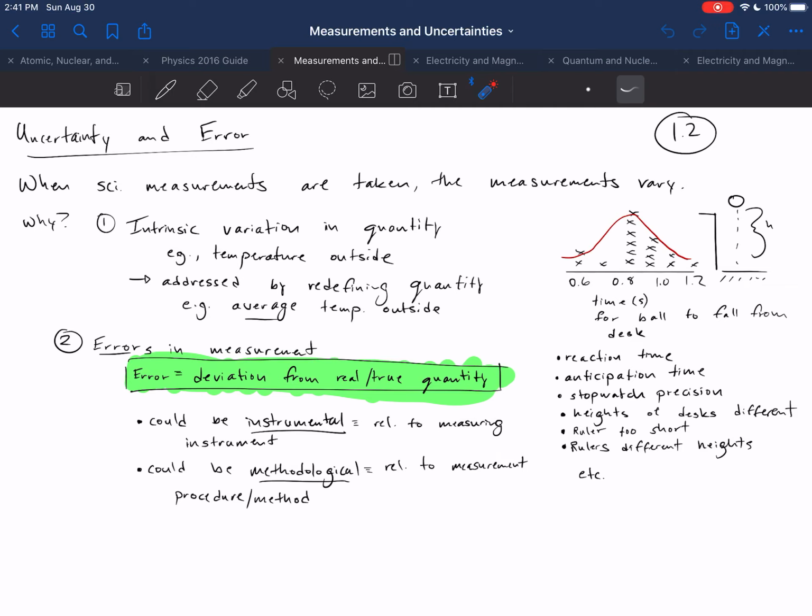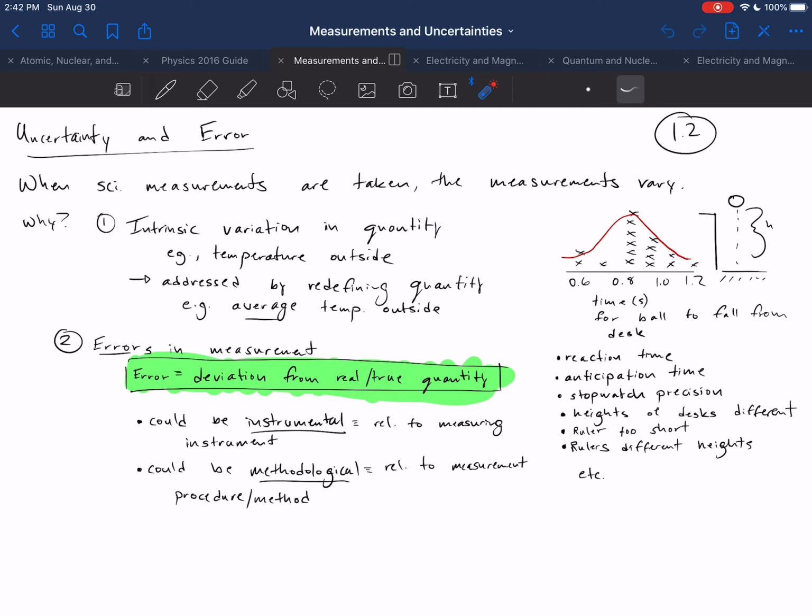All right, well, as implied, the second major reason that measurements can vary is error, or sometimes we'll say errors in measurement, okay? And error is going to be a concept that we're going to look at a lot throughout this subunit, but it is formally defined as the deviation from the real or the true quantity.